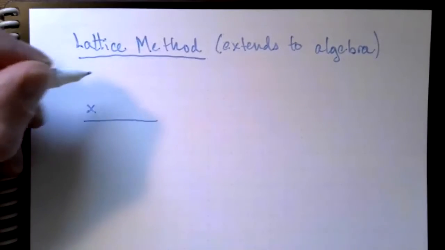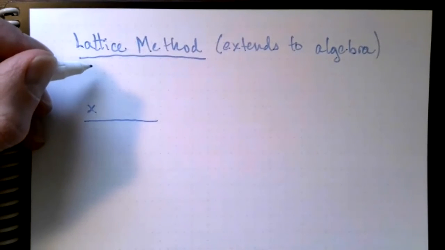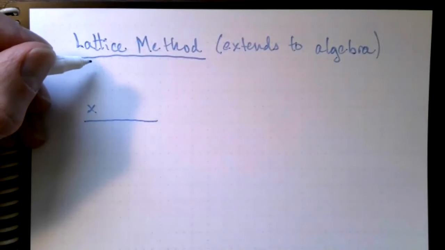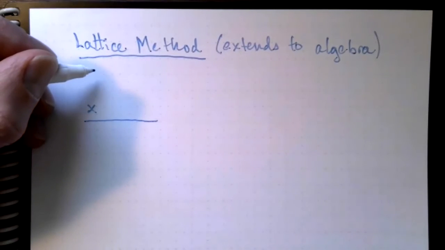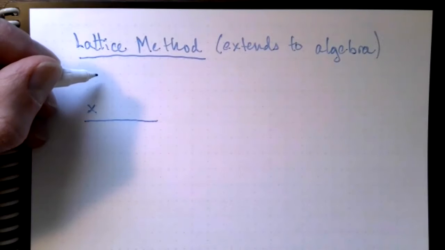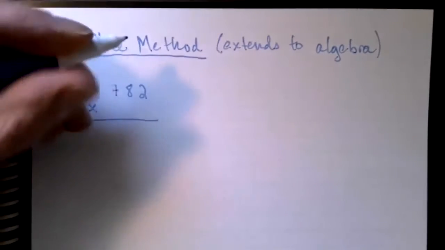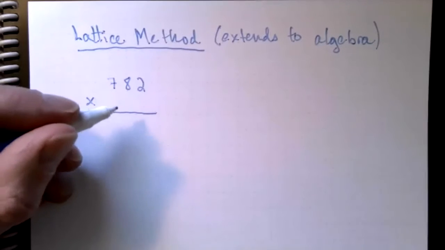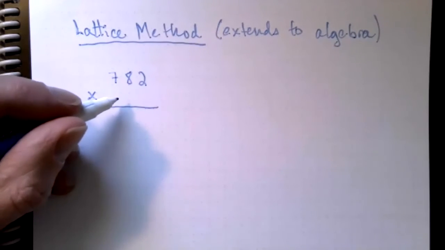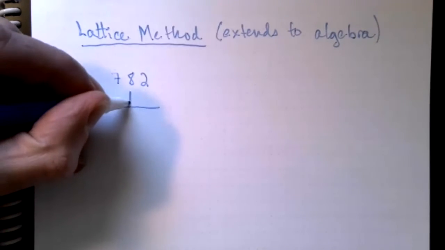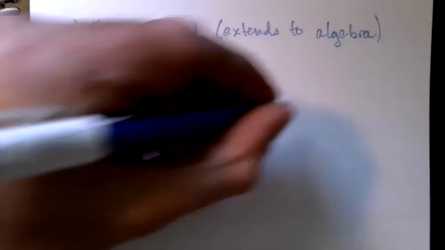Give me a 3-digit number. Just make one up. Any 3-digit number. 782. Okay, 782. Now give me a 2-digit number down here for my multiplier. 12. Okay, 782 times 12.